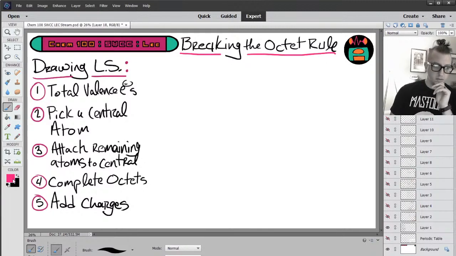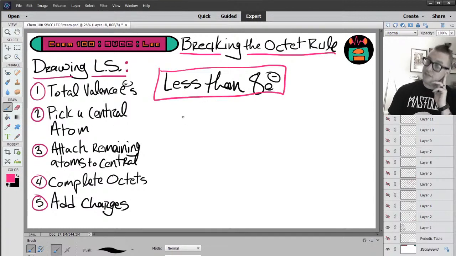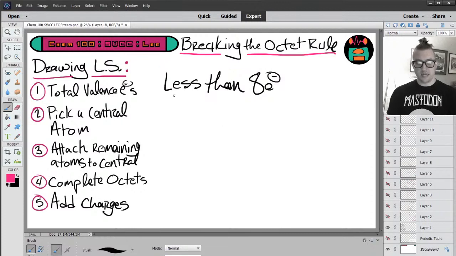First, let's talk about less than 8. Is it possible to have less than 8 electrons? The answer is yes.